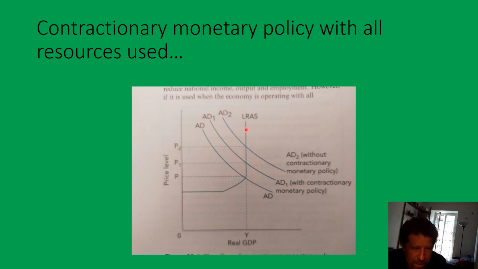So it goes up in a straight line, just price increases, not in quantity, in real GDP. So in this way, by reducing the monetary supply, we don't actually decrease the real GDP, but we just reduce the prices. So this is a good reason for operating a contractionary monetary policy.